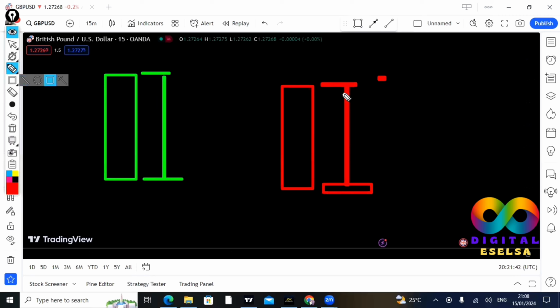So the bears open the market above and then close it below, because the bears, which is the sellers, tend to push price down. Let's assume that we are talking about the price of oil.